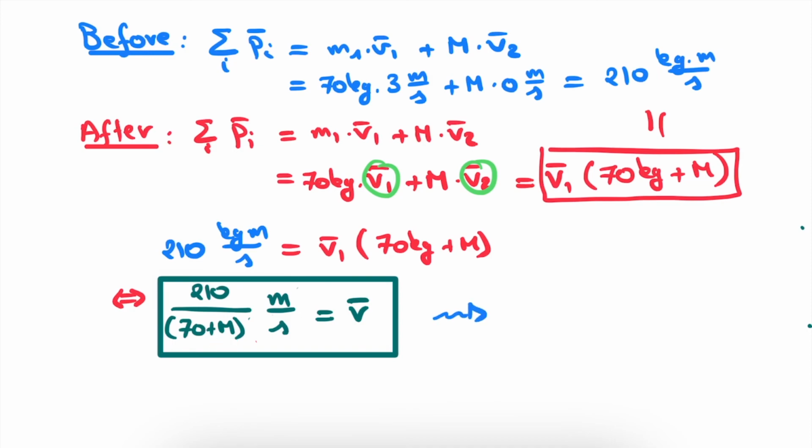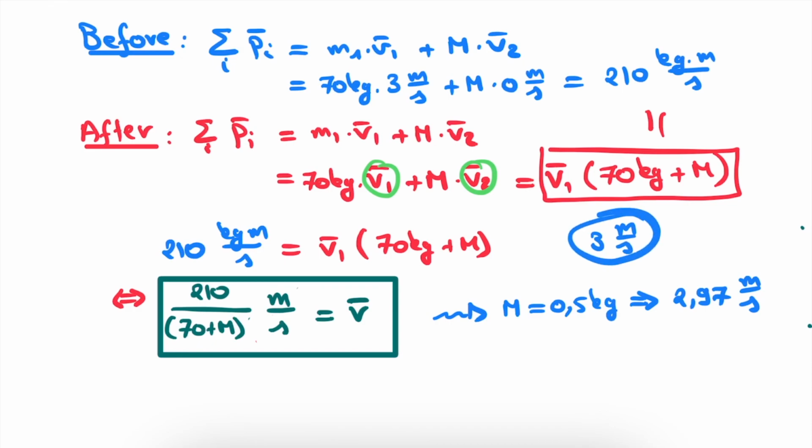Let's say, for example, that this cart is actually a skateboard and that the mass, capital M, is simply 0.5 kilograms. If we fill this in our equation, then we find that the final velocity that we have is equal to 2.97 meters per second. And let's remind ourselves that our initial velocity was 3 meters per second.